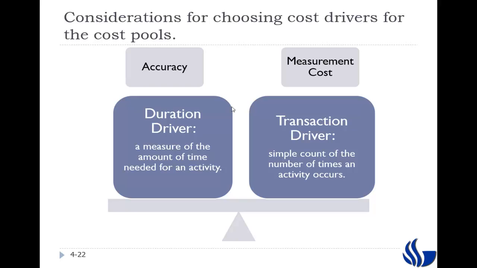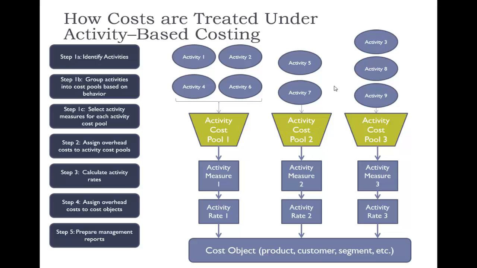So the trade-offs here are that if you want something accurate, you're probably going to have to keep track of how long you do it. It's a duration driver. But a transaction driver, while it may not be as accurate, is going to be a lot less costly to gather the information. Anyway, these are notes related to coming up with these cost pools and selecting activity measures.